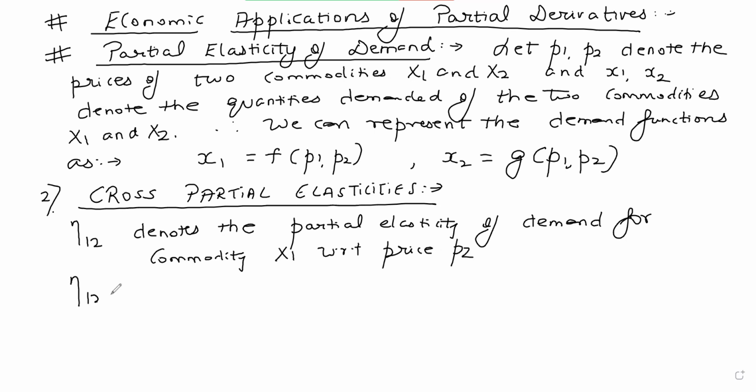And the formula for this is P2 by X1 times del X1 by del P2.